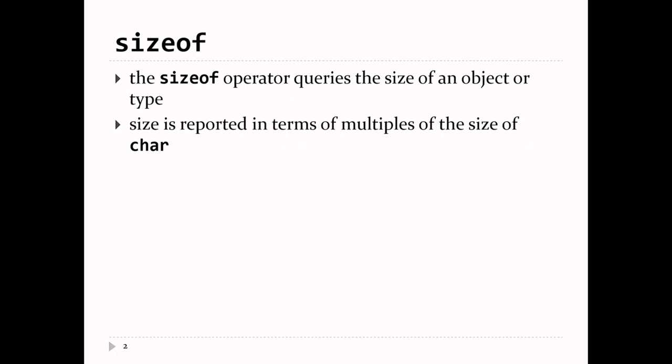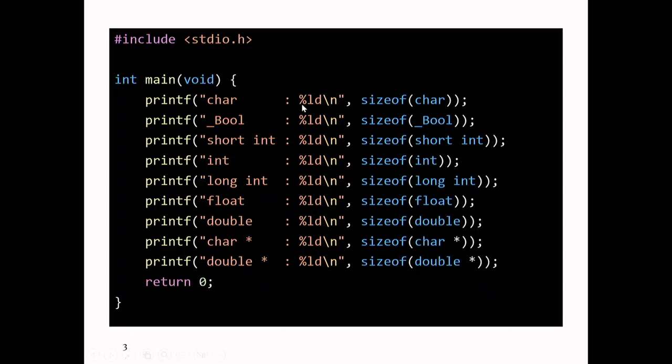So when you use sizeof and you ask sizeof char, it's always 1. That's what the standard says. The standard says the size of char is always 1. Normally, a char is 8 bits.